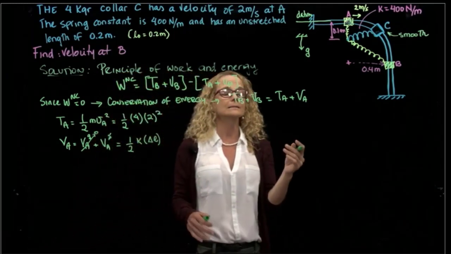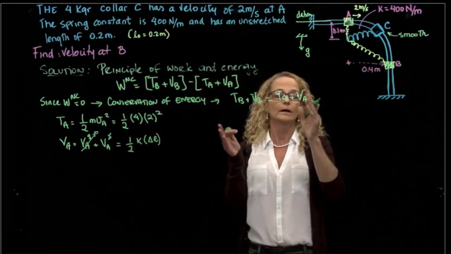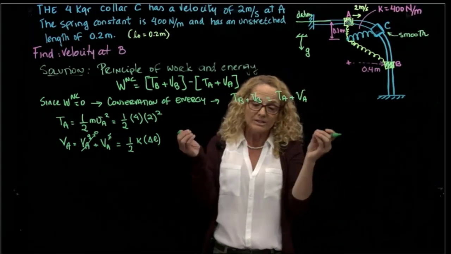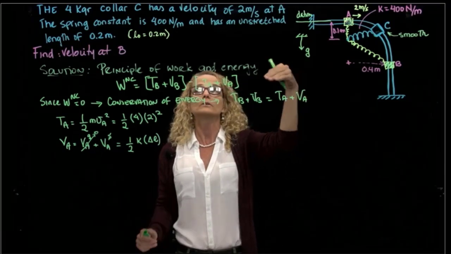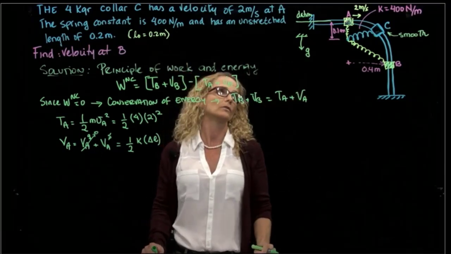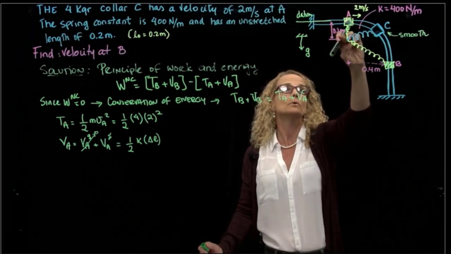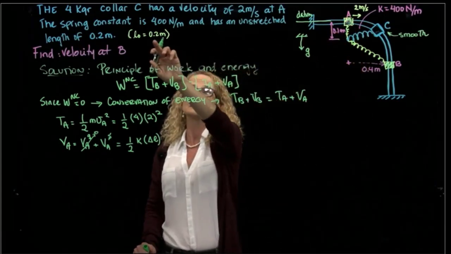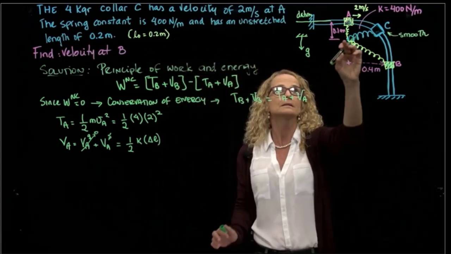Delta L means how much the spring is stretched or compressed at that position, with reference to the initial length of the spring. So here we have this distance, and they tell us that this is 0.1, and the unstretched length is 0.2. Therefore, the spring is compressed 0.1.